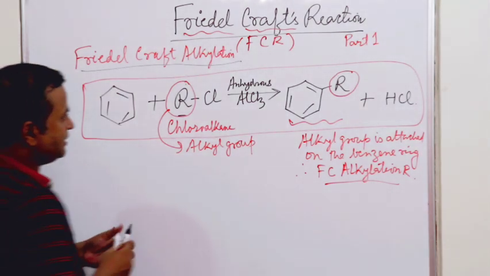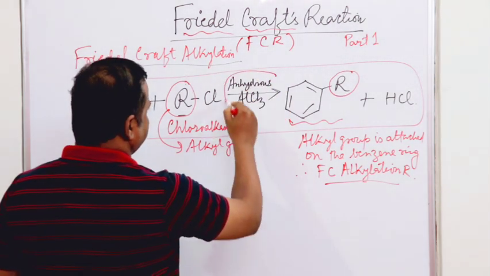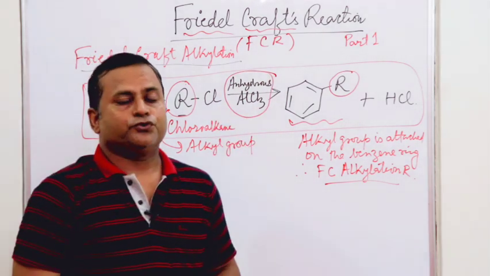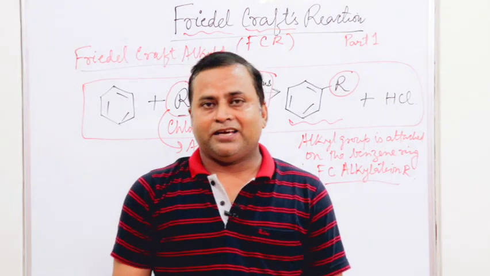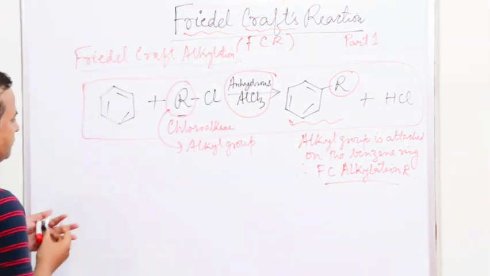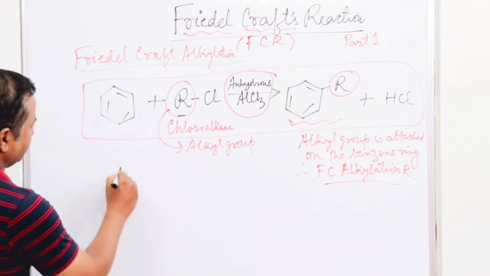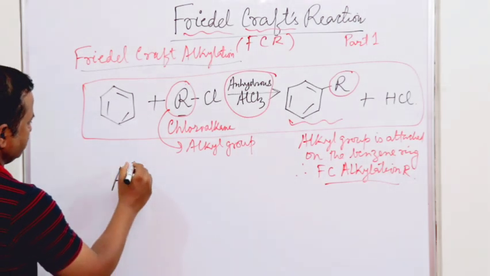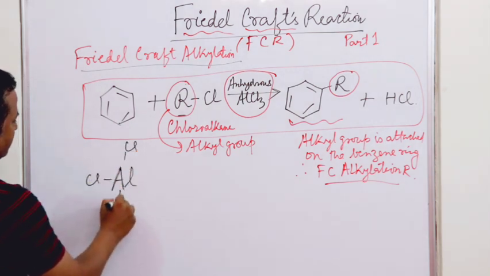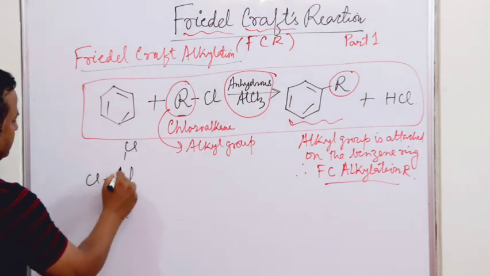Now you can see here we have anhydrous AlCl3. So what is the function of this anhydrous AlCl3? To understand this, first of all, draw the structure of AlCl3. See here, 1 Cl, 1 Cl, 1 Cl.